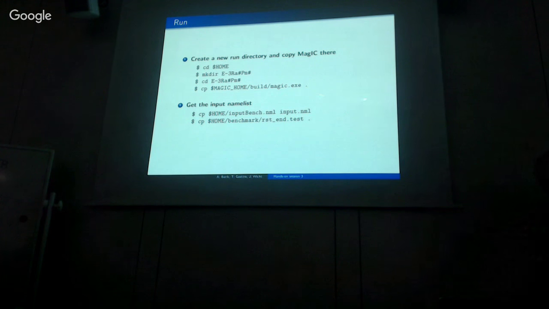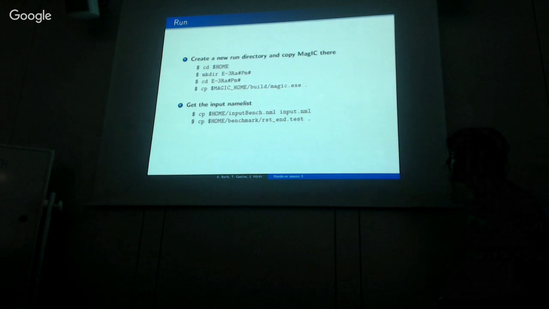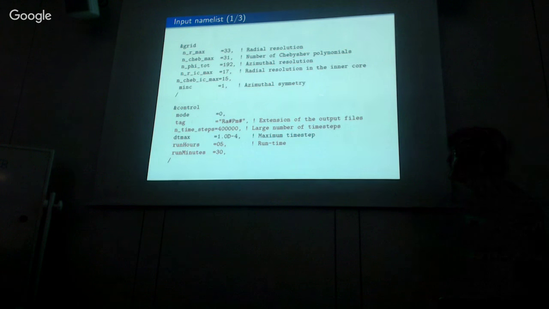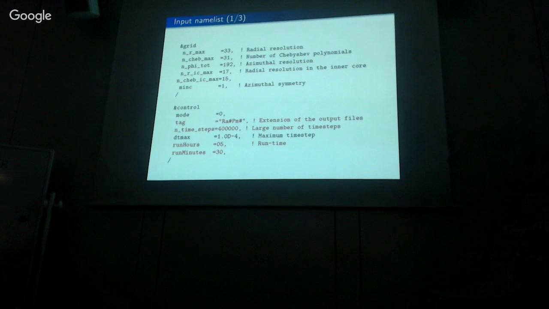So is everybody done with this? Now we start. Now you open up the input.nml file, the input name list, and we start changing some stuff marked in red here.